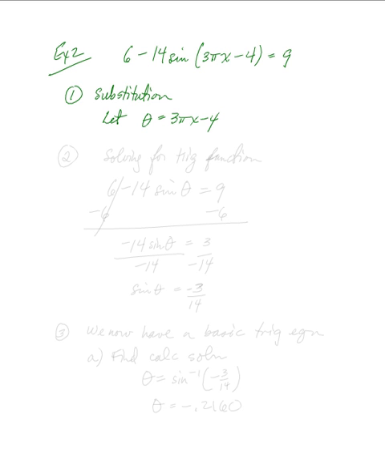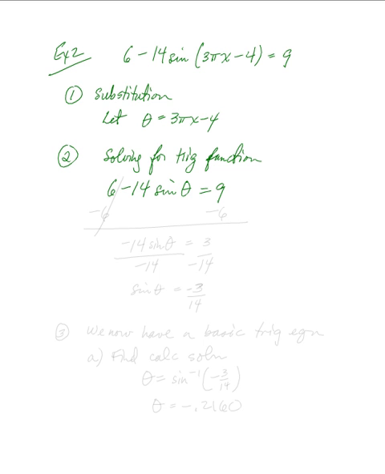So then, in part 2, you're solving for the trig equation, or the trig function. So you have 6 minus 14 sine, now it's just theta because of your substitution, equals 9. And that's a lot easier to handle.